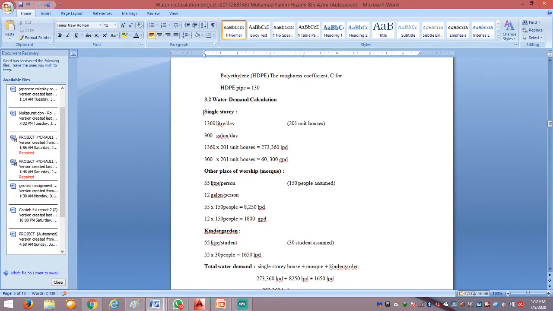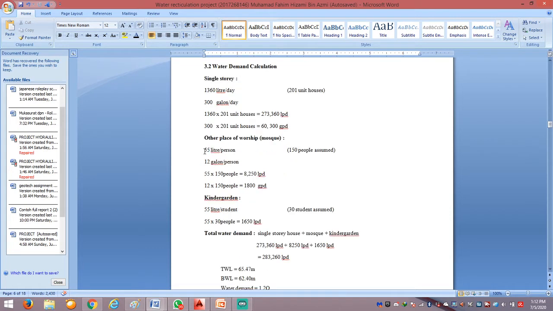So 3.2 shows my water demand calculation. The plan shows a residential area, a place of worship, and a kindergarten. The single story houses consist of 201 units, and 1360 is the water demand that I got from the table. I multiply this and get 273,360 liters per day.